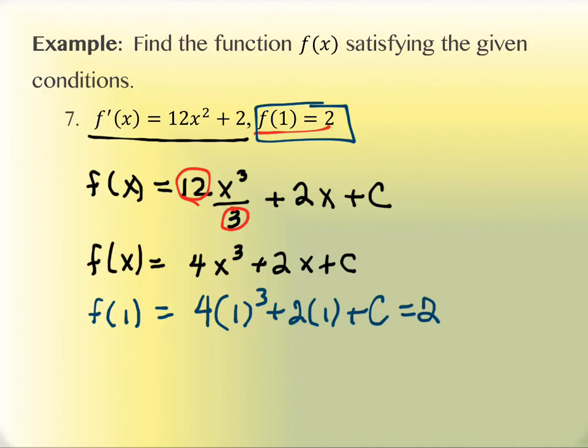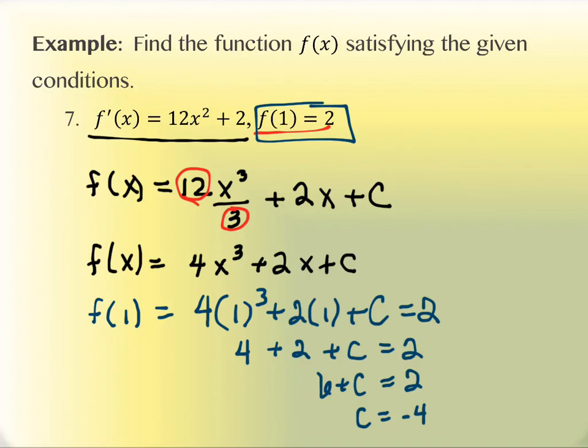So the only thing that we don't know in this equation is the value c, and we can find it. So this is 4 plus 2 plus c equals 2. 6 plus c equals 2. So what is c? -4, yeah.